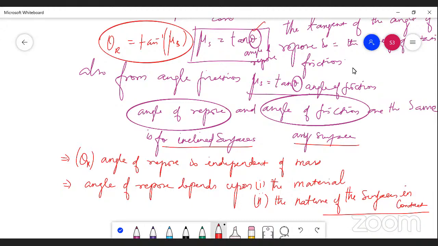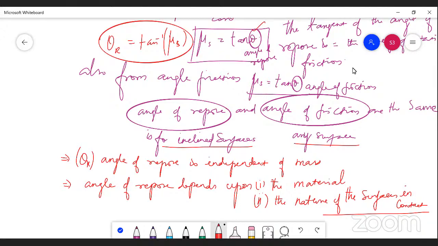This you can easily understand by making a simple experiment. Take a textbook in your hand. If the cover of the textbook is a smooth polished surface, when you place a coin on the surface, for a particular value of the angle of repose, the coin will begin to slide down.